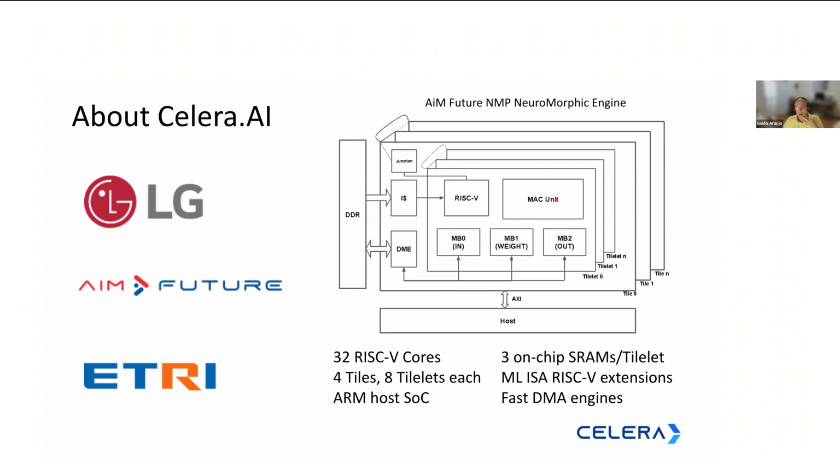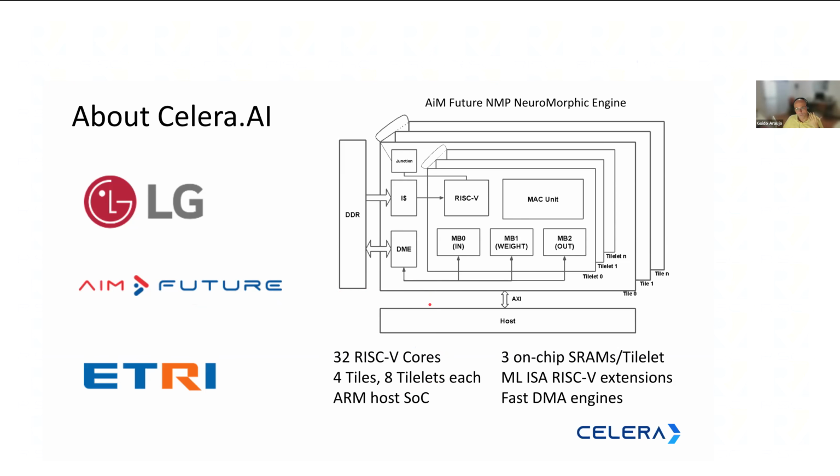You can run a number of MAC units in parallel. It also has fast DMA engines and a network to connect all these tiles with each other. So that's the design. On chip, you also have an ARM host to do the preparation, building the model, and running the compiler that we designed, and then spreading the work across the tilets using the schedule that the compiler defines.